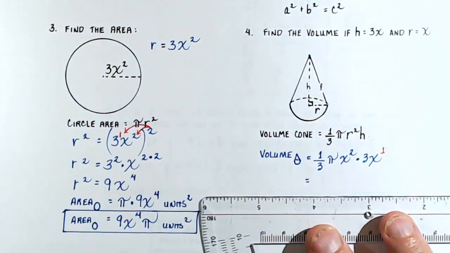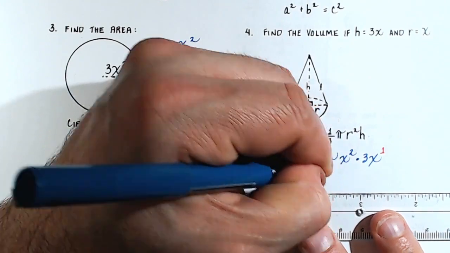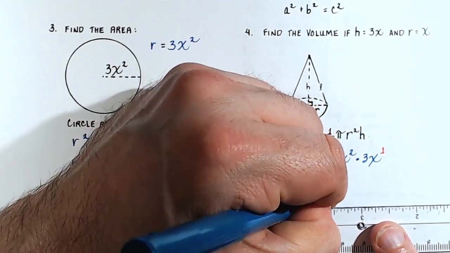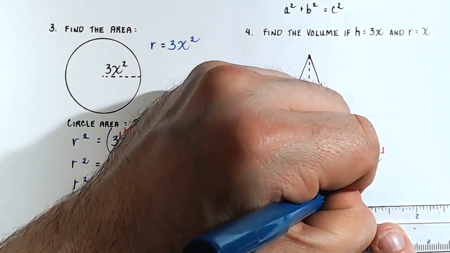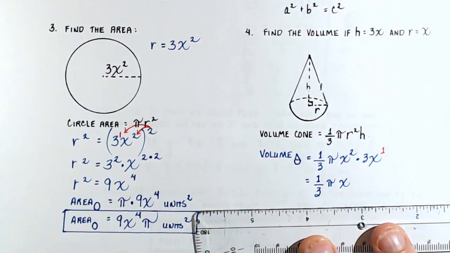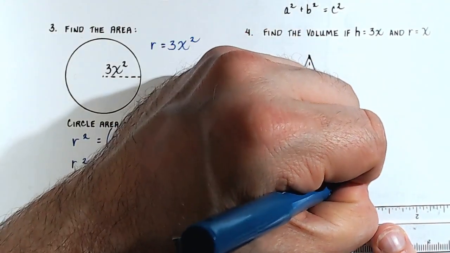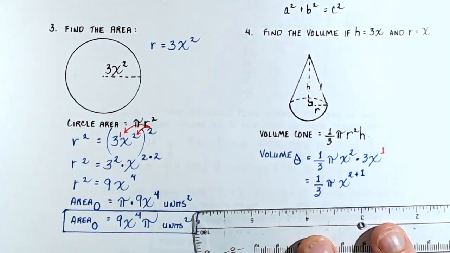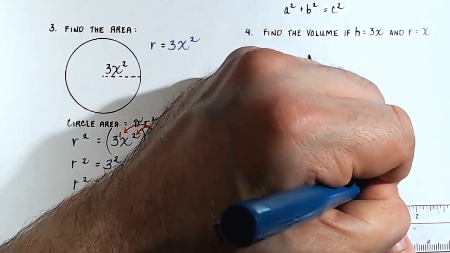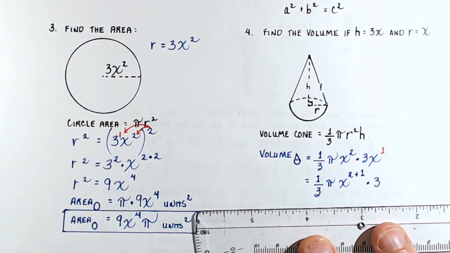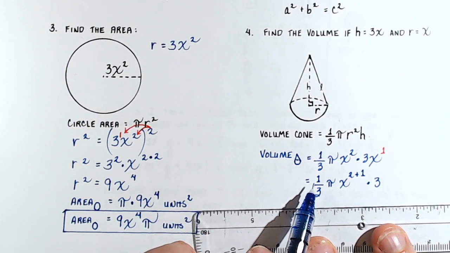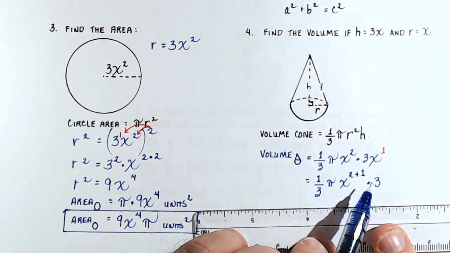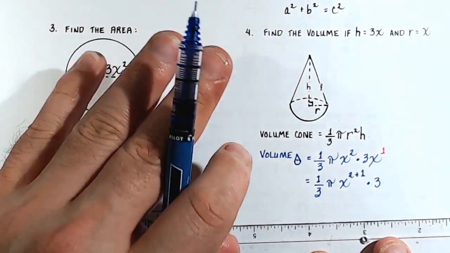So this will give me 1/3 times pi times x to the 2 plus 1, I'm adding those exponents, times 3. Okay? What I'm going to do next is bring this 3 over here to hang out with the 1/3, and I'll have 3 over 3. 3 times 1/3 is 3 over 3.